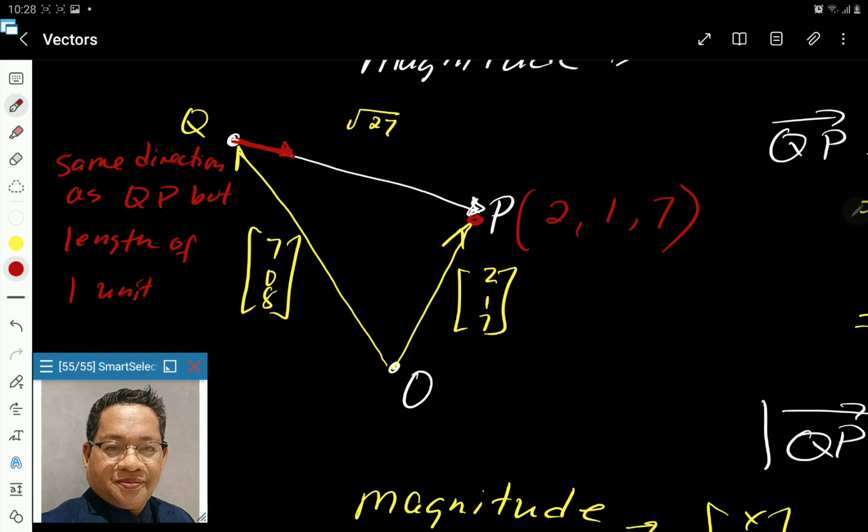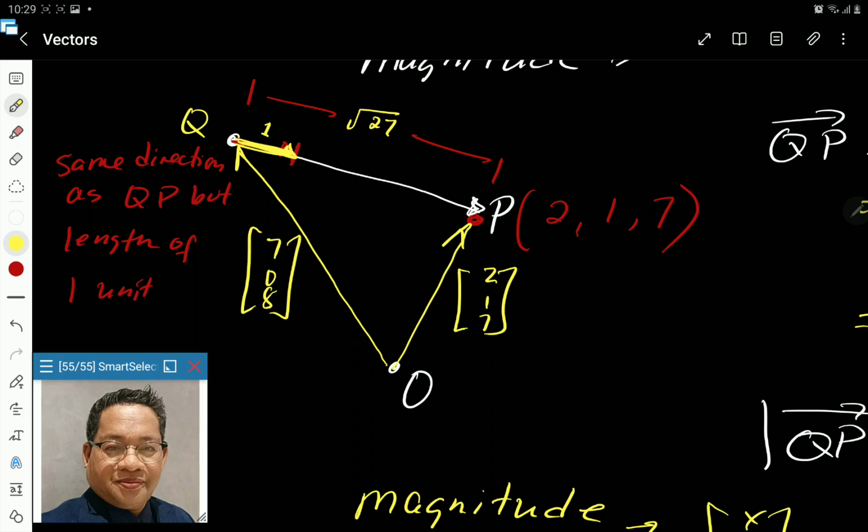So therefore, if this one is square root of 27, the length of the unit vector should be 1 unit. So how will you find that vector?